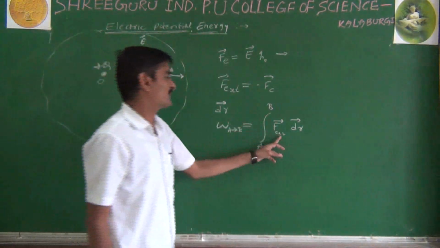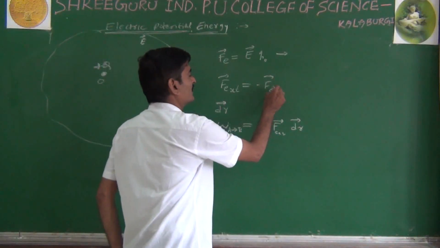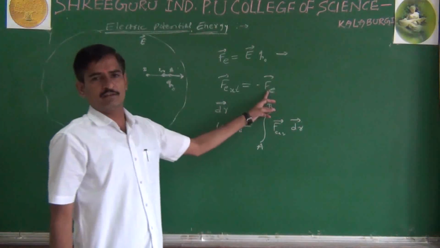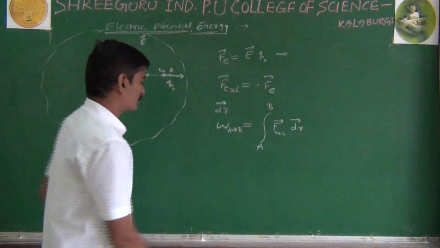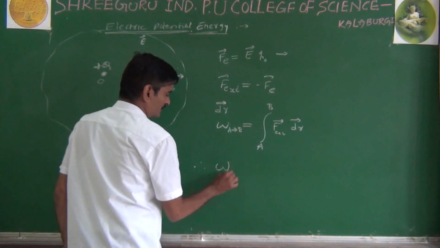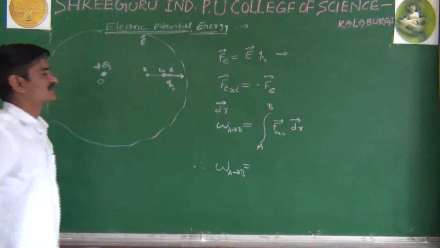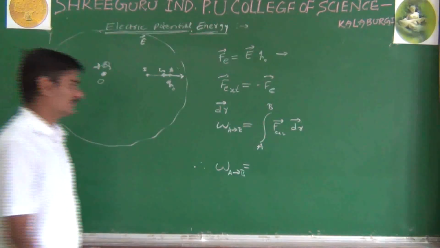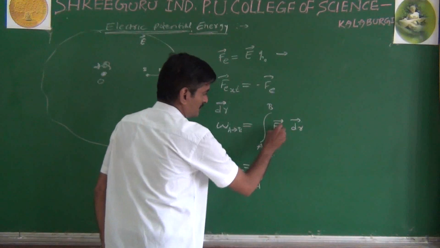Now the external force is the same as the electrostatic force, but in the opposite direction, and Fe is given by E into Q0. So we can write the work done in moving the test charge from A to B as the integration of F external.